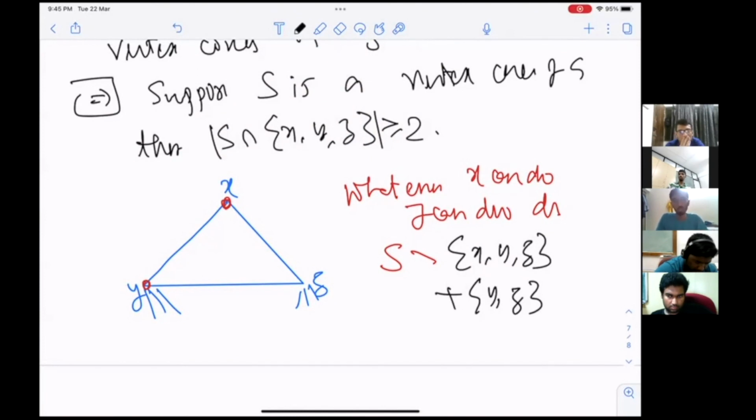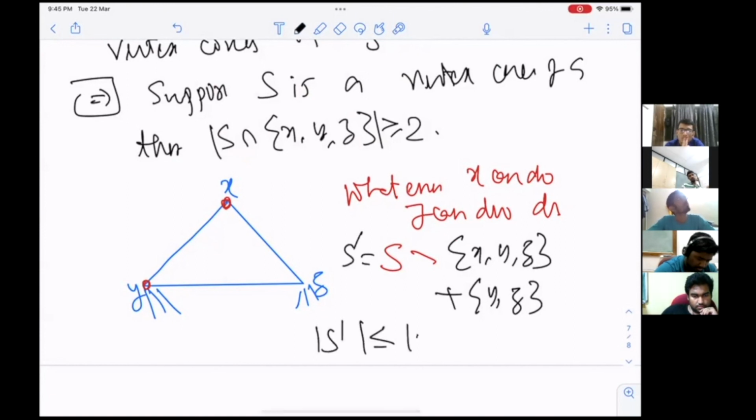Why? Because out of X, Y, Z, at least 2 are there. So when I do S minus {X, Y, Z}, I have deleted at least 2 elements, because S intersection {X, Y, Z} is at least 2. Maybe all 3 were there, I don't know. But you deleted at least 2, and you have added back 2. So the size of S prime is at most k again.